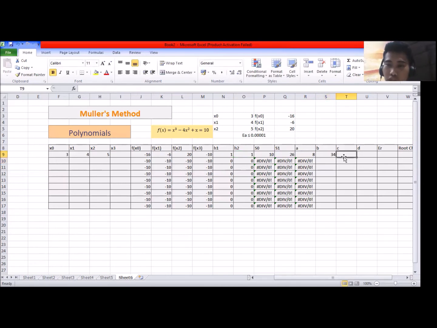Next, c is only equal to the function of x of 2. So let's copy the function x of 2 value.